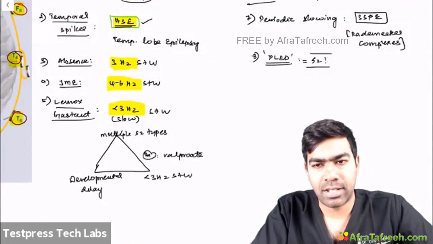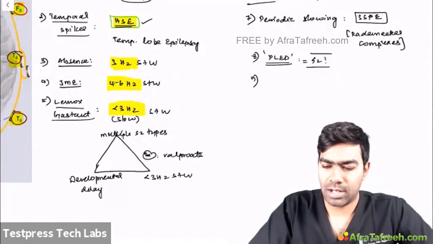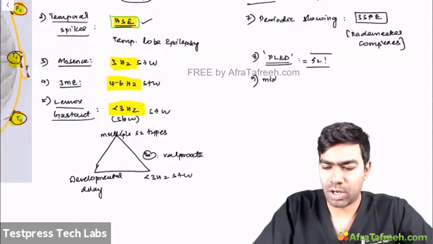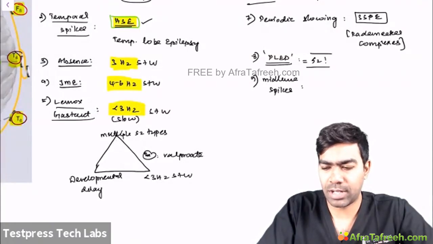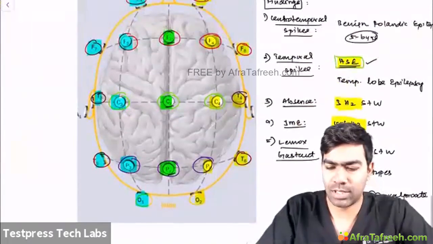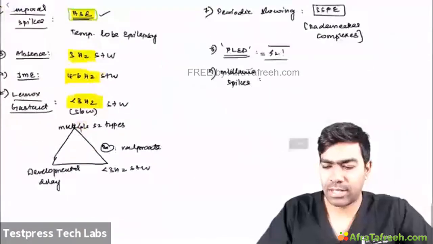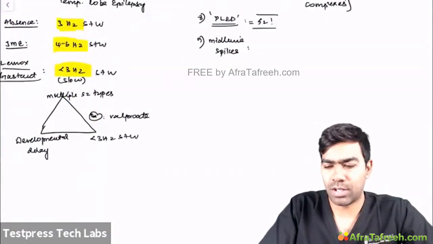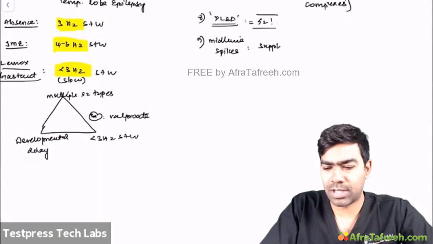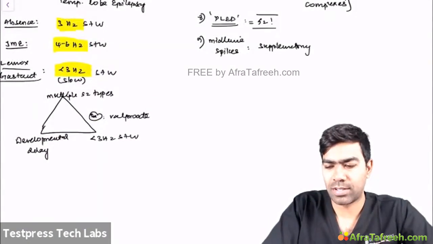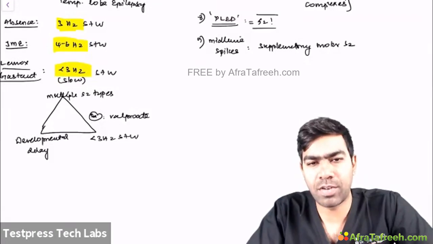And you can also get midline spikes that will typically be only in the midline. Midline means we're talking about this area, these Z areas. So if you're getting only spikes in the midline, that usually goes towards supplementary motor seizures. Can show typical midline spike kind of an appearance.